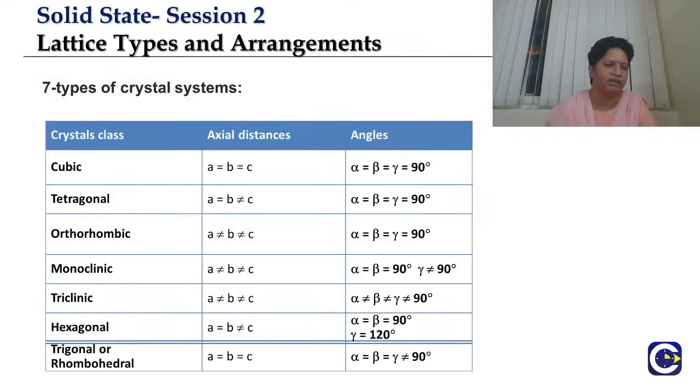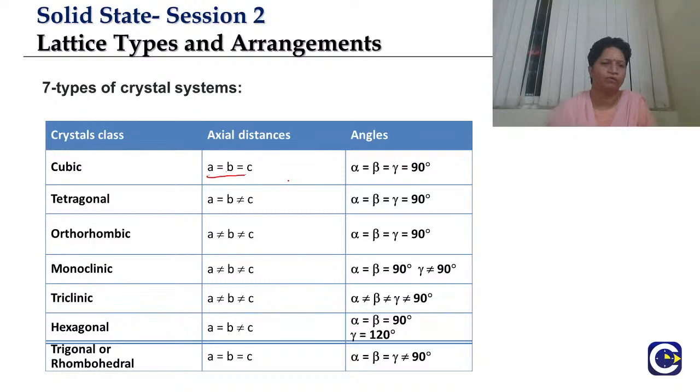You can recollect what we have used, how to remember it. Crazy teachers made us to draw triangles, hexagons, and rhombus. So this is the way you will remember. And what do these 7 different types of crystal systems give us? They give us the relation between A, B, and C, which we call axial distances.